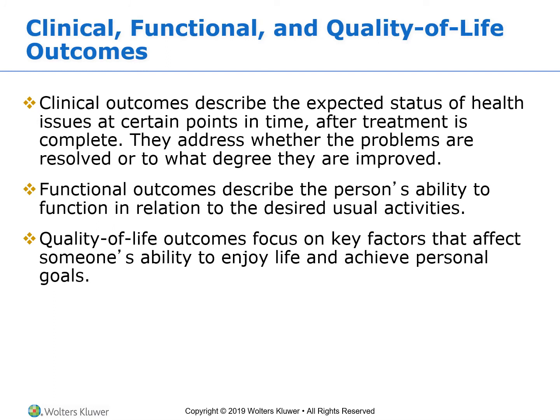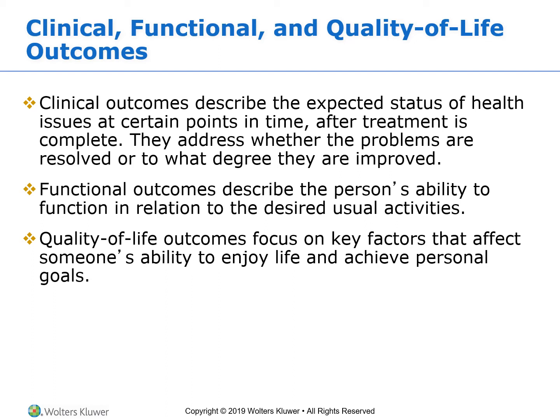Now, when we think about clinical, functional, and quality of life outcomes, we think about types of outcomes that would describe the expected status of the health issues, or describe the person's ability to function, or focus on key factors that affect someone's ability to enjoy life. So our clinical outcomes describe the expected status of the health issue at a certain point in time, like after the treatment is complete.